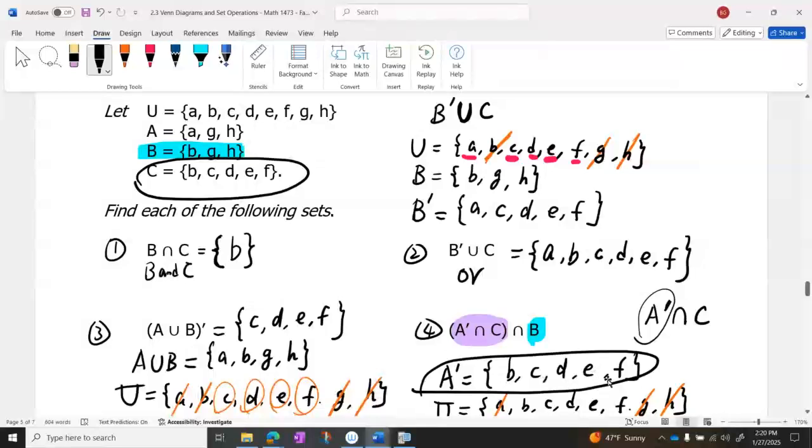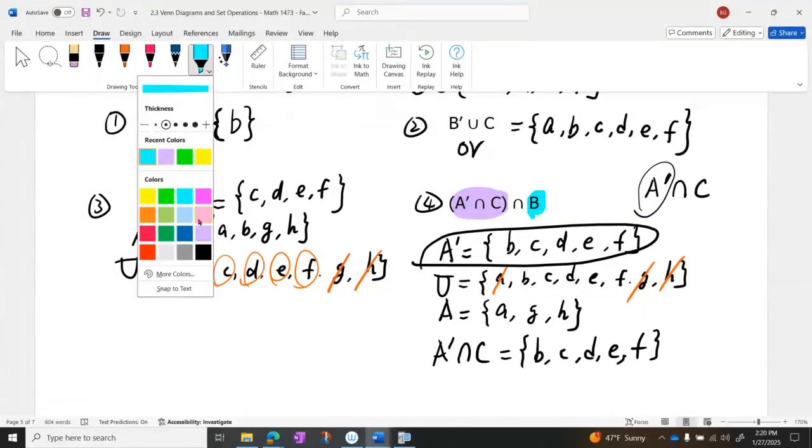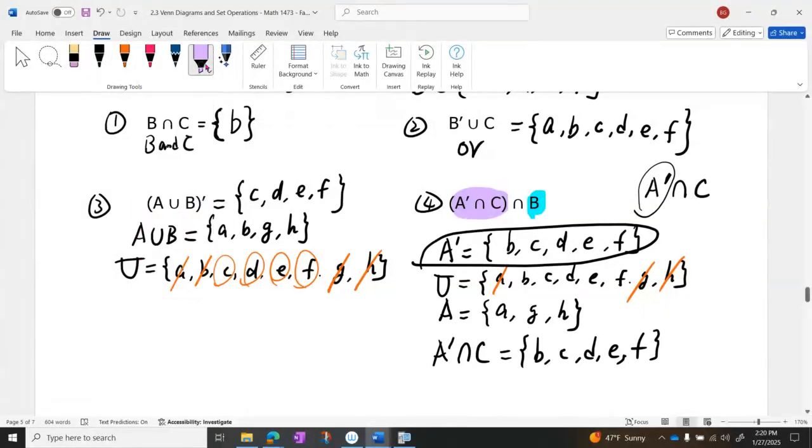A prime has B, C, D, E, F. C also has B, C, D, E, F. So the intersection of A prime and C is B, C, D, E, F. Be careful. Even one element would be different, all right? So that is the purple set. Do you agree so far? So far so good?